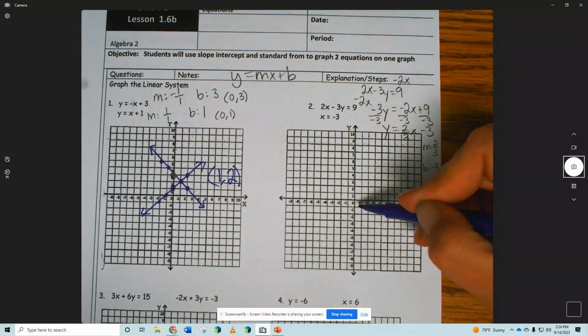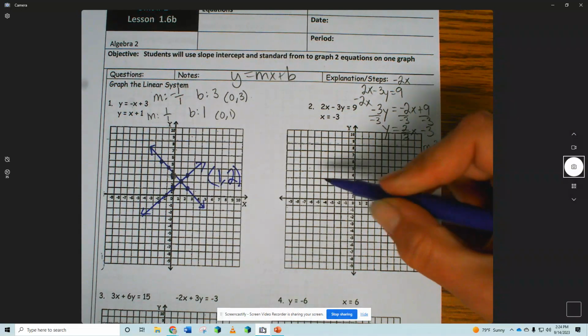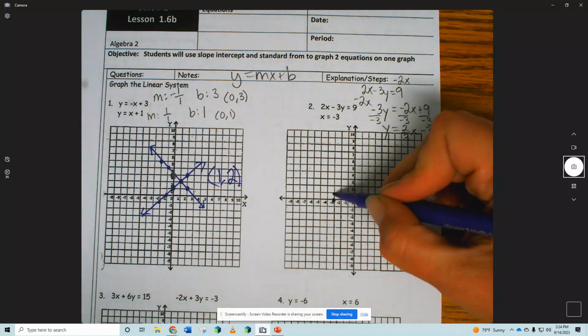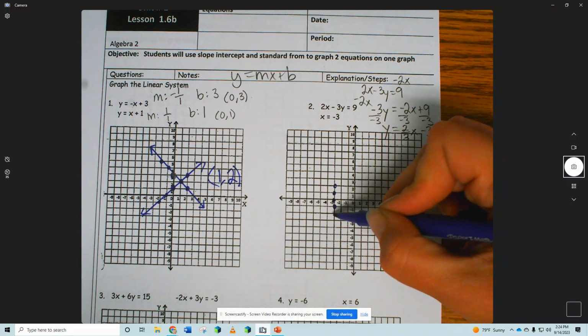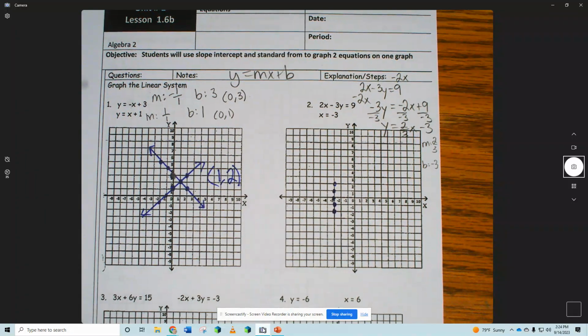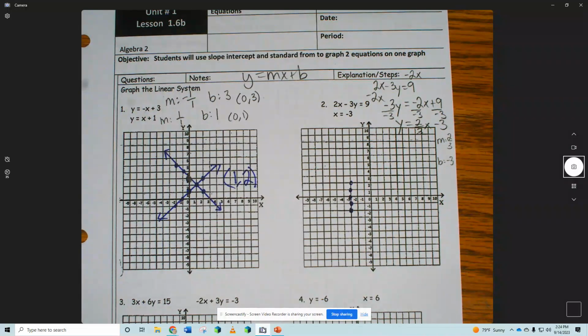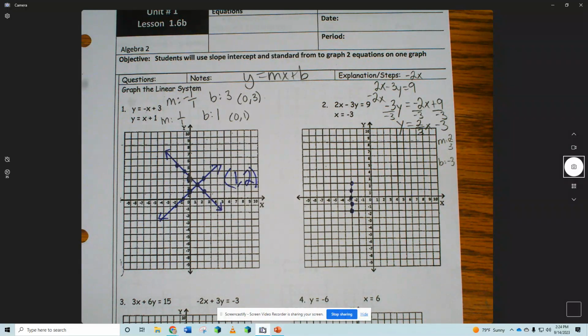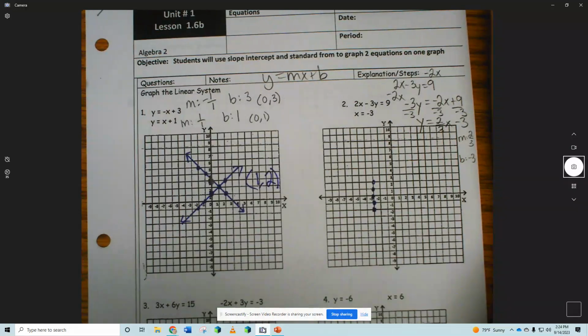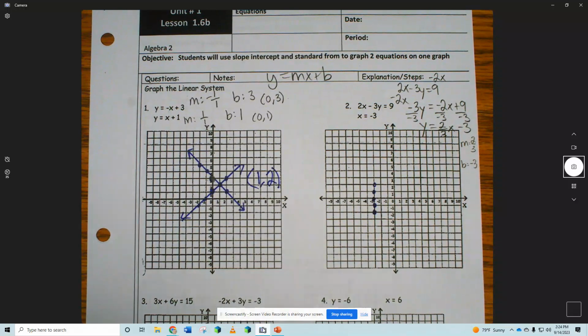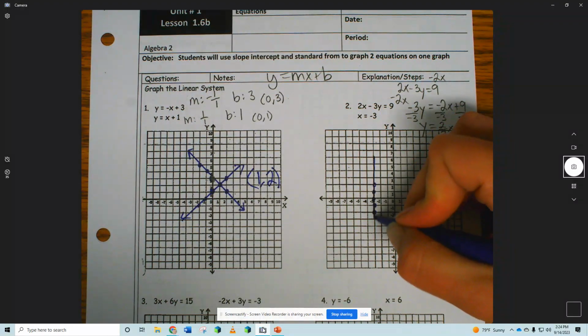Go to the x-axis, find where the negative 3 is, and it's going to be dots like that. Straight line up and down.